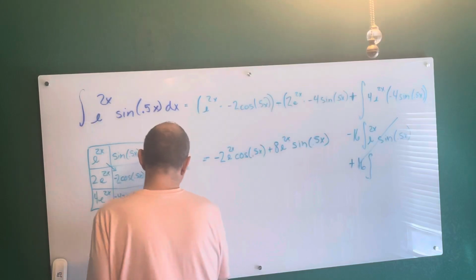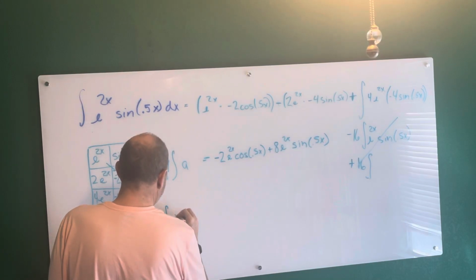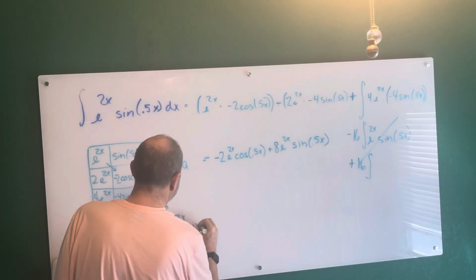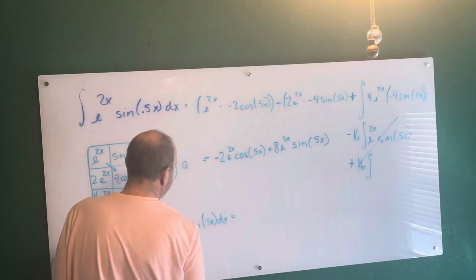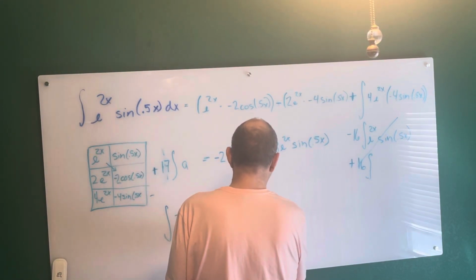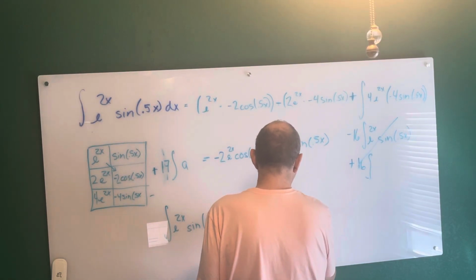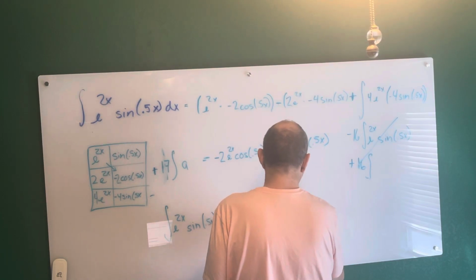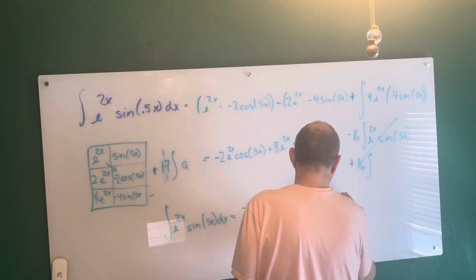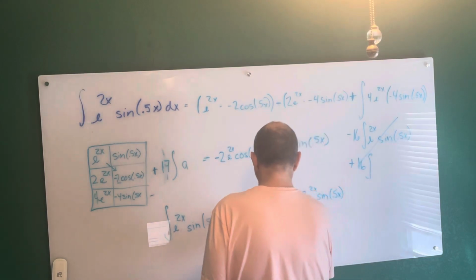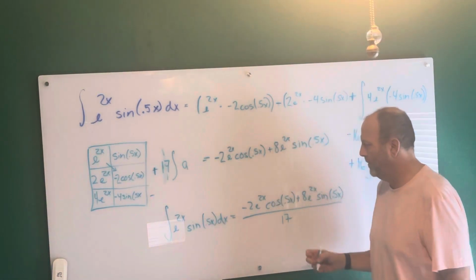So what ends up happening is the integral for e to the 2x sine of 0.5x dx ends up equaling negative 2e to the 2x cosine of 0.5x plus 8e to the 2x sine of 0.5x, all divided by 17. There's your answer.